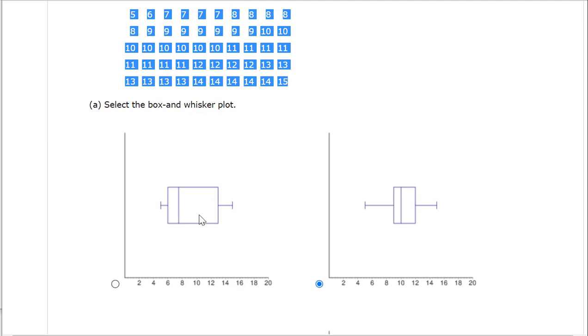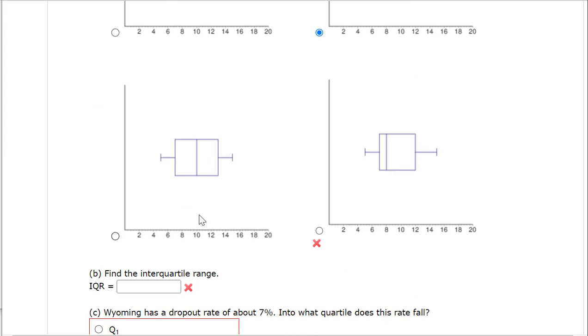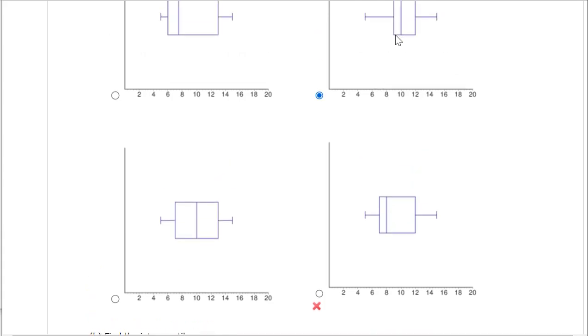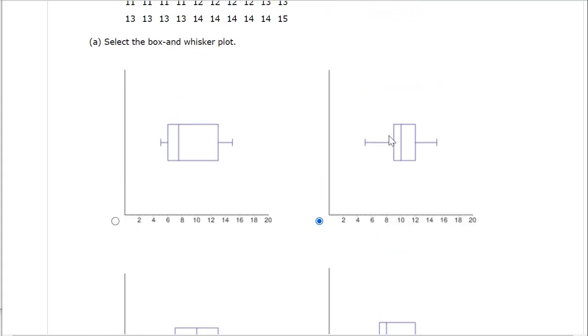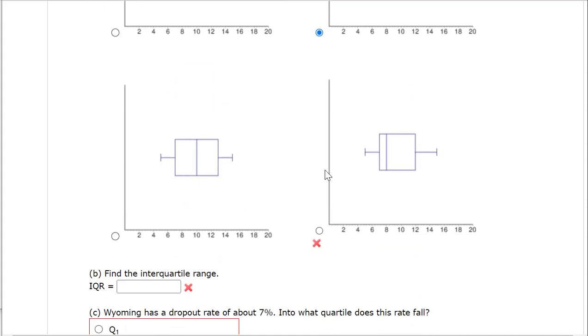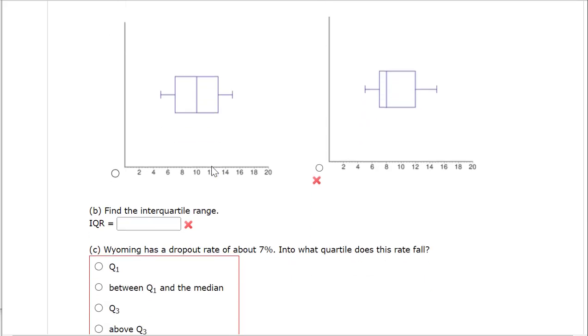This one looks way too skewed. This box is too wide. And besides, we need the beginning of the box to be about 9. So that's probably the easiest way to look at this: that's 9, that's 10, and that's 12. So let's go look at our choices. I think it's this one. That looks close to 9, close to 10, close to 12. Whereas this one's way too low on the box plot. Yeah, that's got to be it.